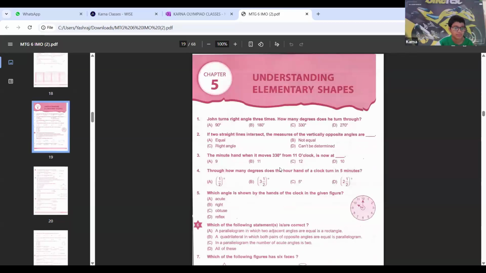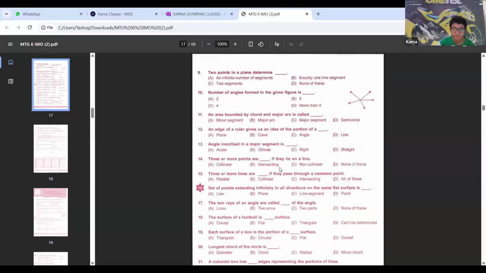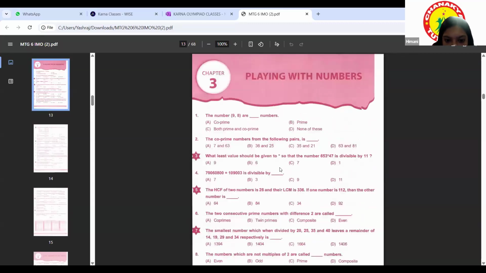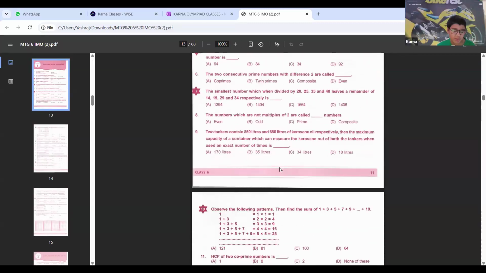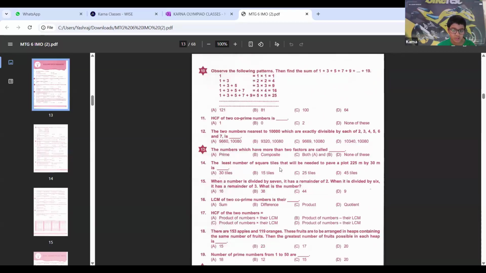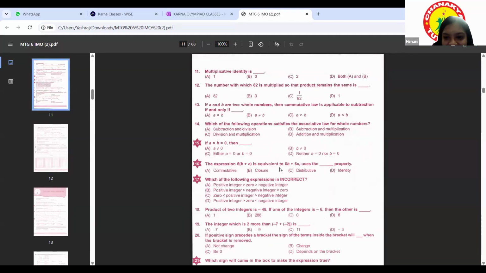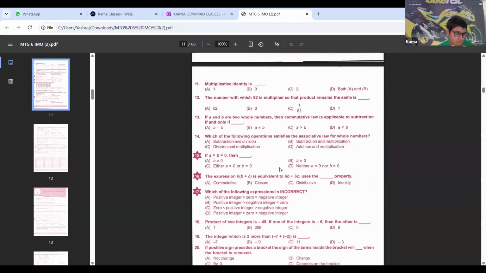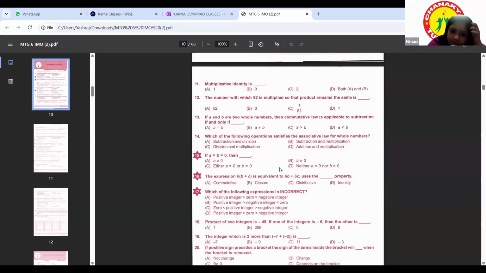Option B. And why did you give the answer D? What method did you use? Ma'am, I was doing it at night, so I was sleepy. It's fine, but what method were you using to get the answer D? The same method. So you made a calculation mistake, right?